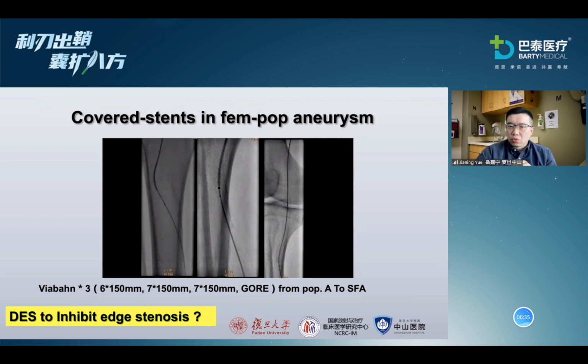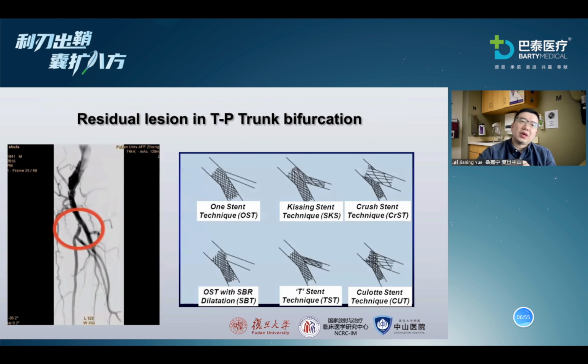So altogether 3, 15 centimeter and 6 and 7 to the upper part of the SFA, and we think this is something we can do. This is the best strategy to avoid restenosis. So Viabond anchored in the DES.